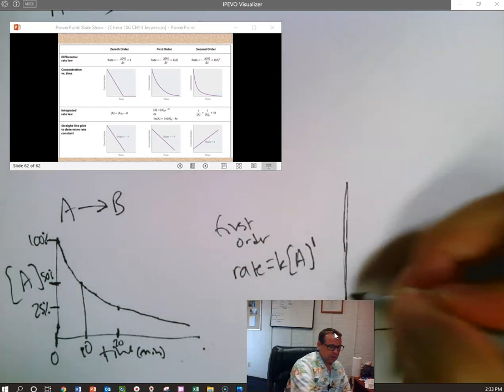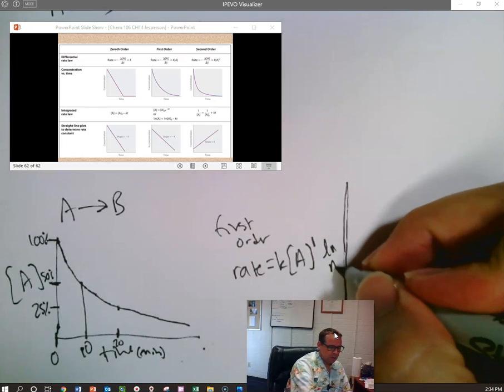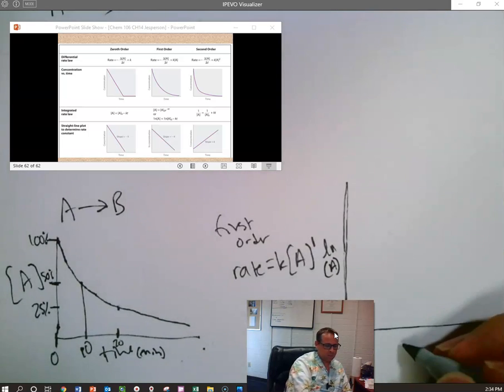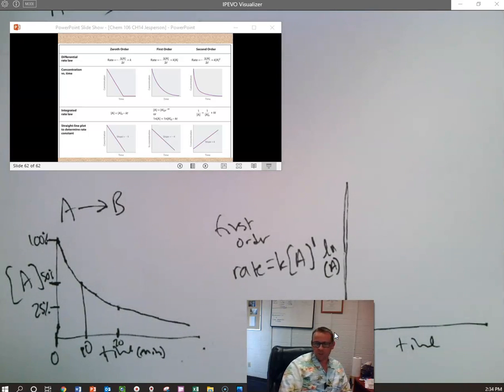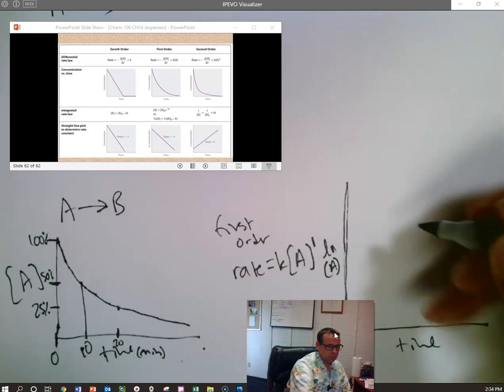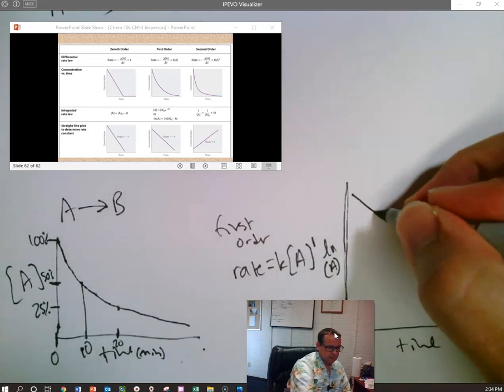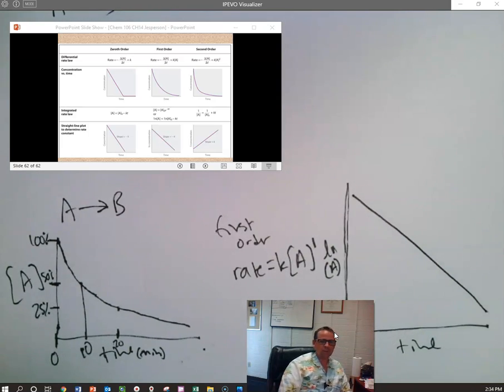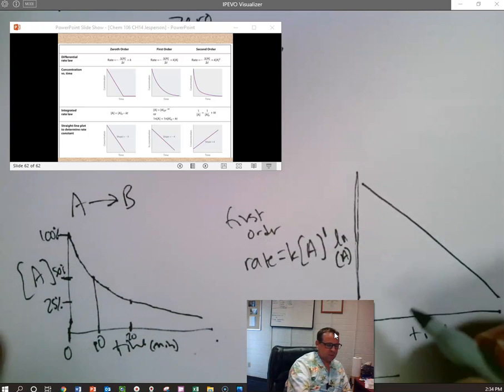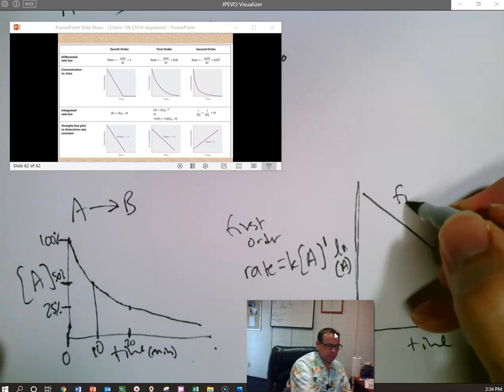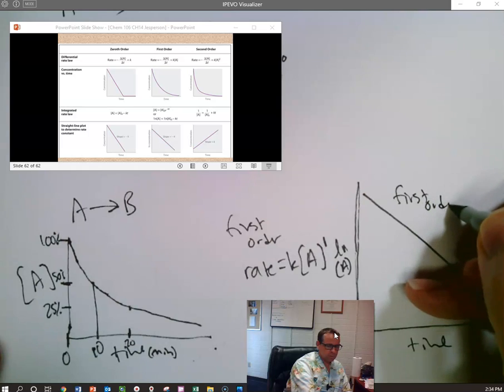If you take the natural log of the concentration of A and plot that versus time, then you will get a linear relationship. So this is only for a first order reaction, right?